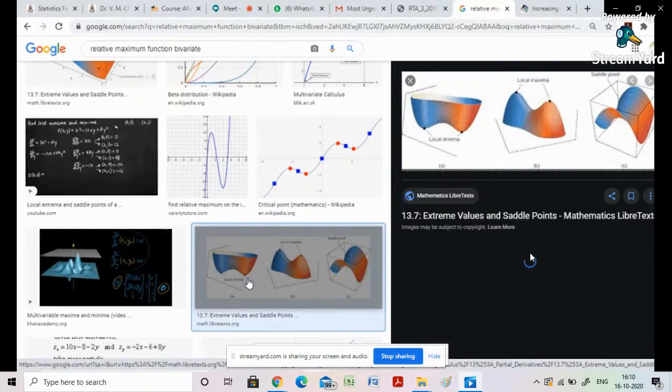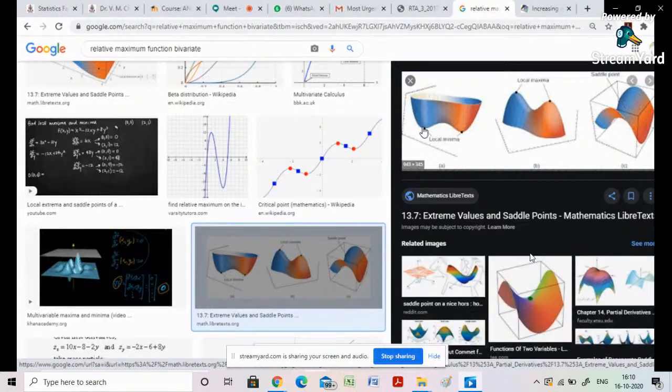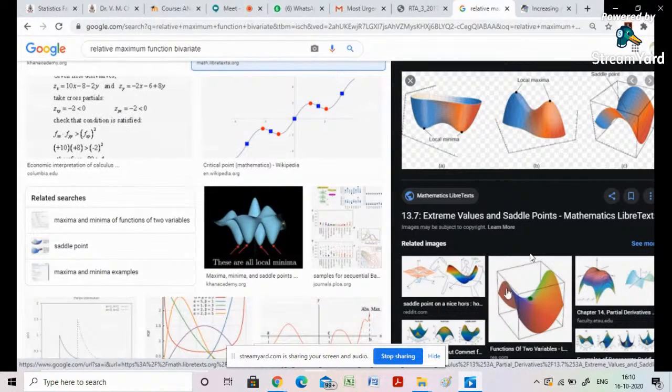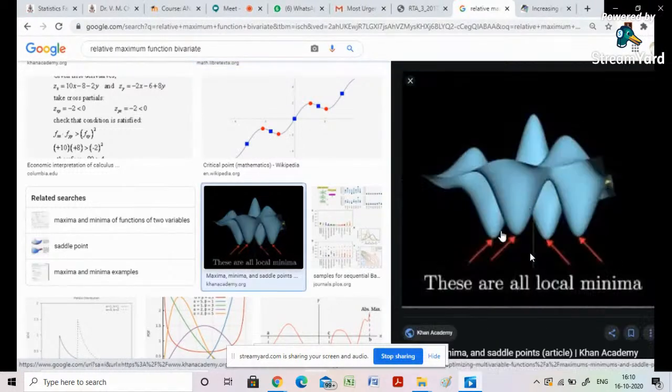Here also we can see that these are local minima in this region. There are several figures available. So these are all local minima, but this is a local maximum. This is a local maximum. This is a local maximum.